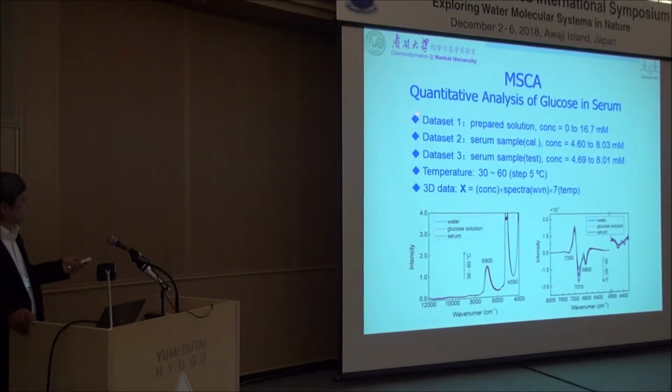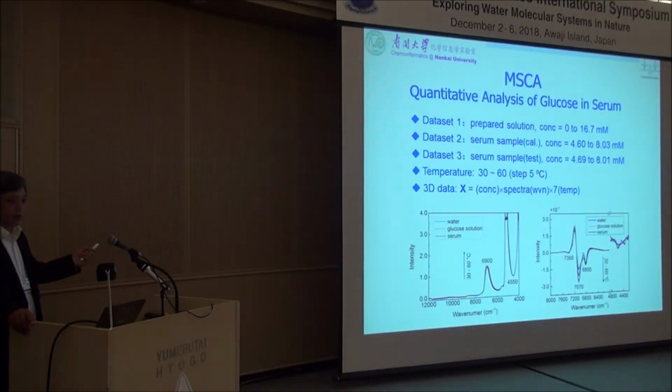Following this study, we used the method for quantitative analysis of glucose in serum. We prepared several datasets. One is measured with prepared solutions of glucose, and data set 2 is prepared using serum samples.